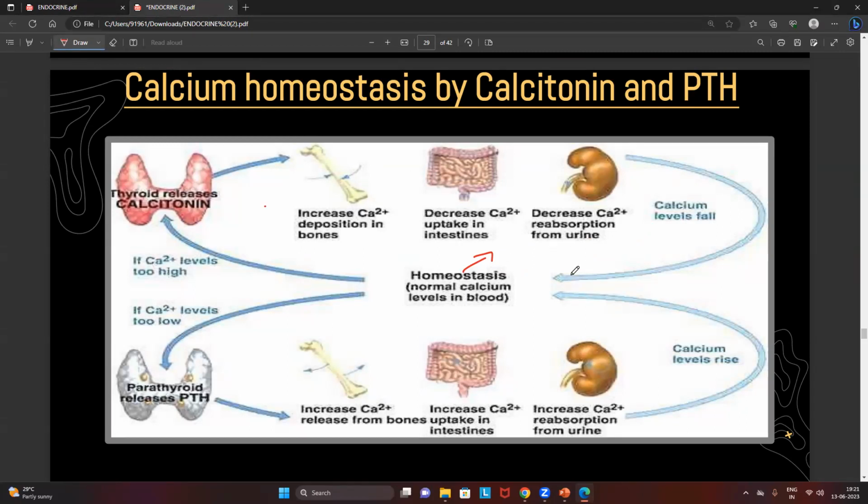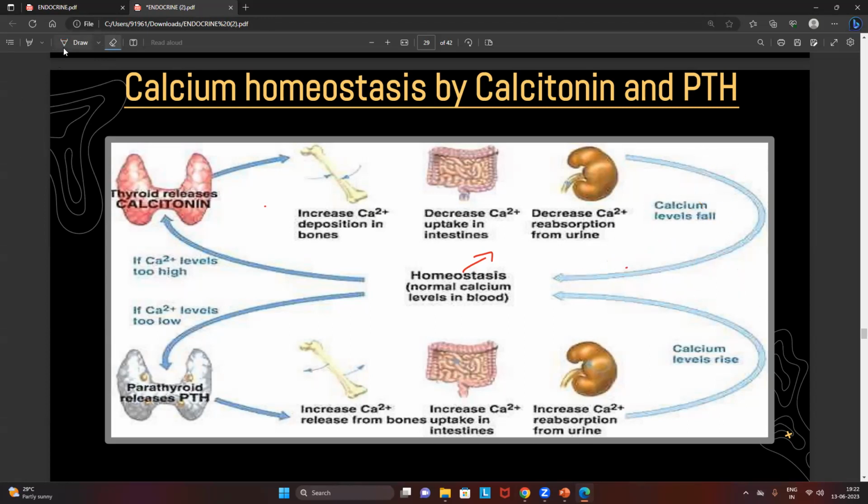Every process. For example, our body temperature is 98.4 degrees Fahrenheit. It should not become higher, that is also trouble. At the same time, it should not become much lower either. Both conditions we can't tolerate. When the body temperature is normal, the internal homeostasis is normal.